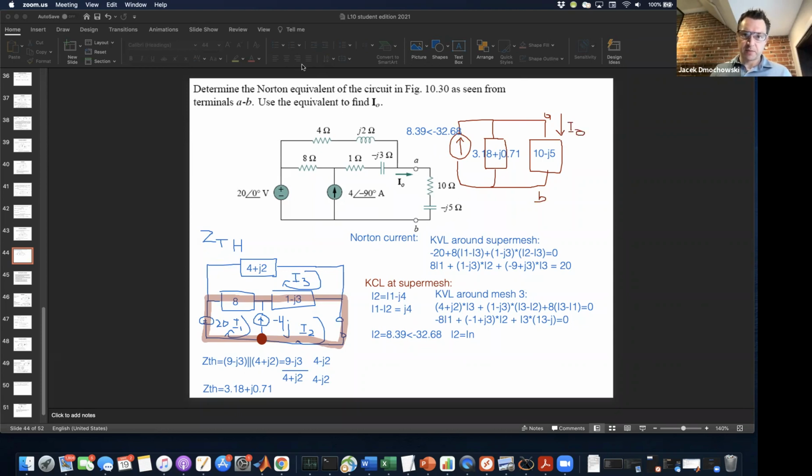And so we can simply use current division to express I naught in terms of IN and ZN. And I'll spare you the complex math. The result of this complex arithmetic is 1.97 with a polar angle of negative 2.1 degrees.